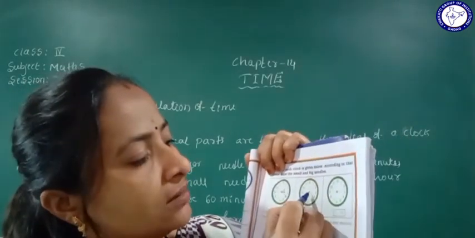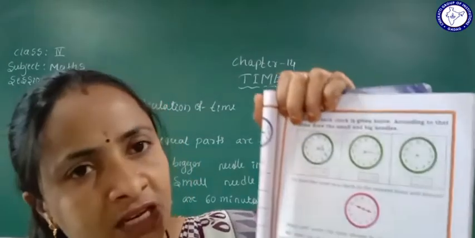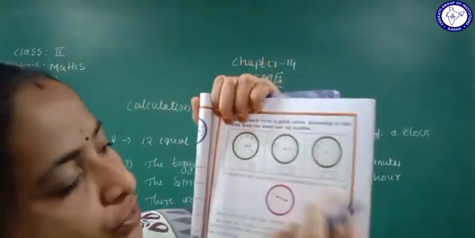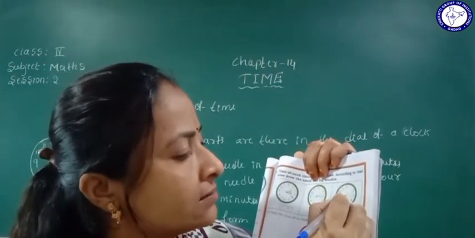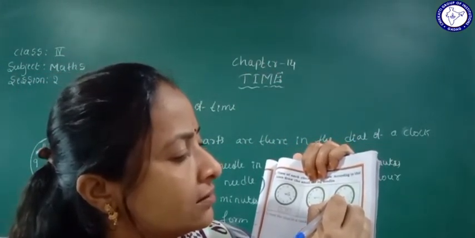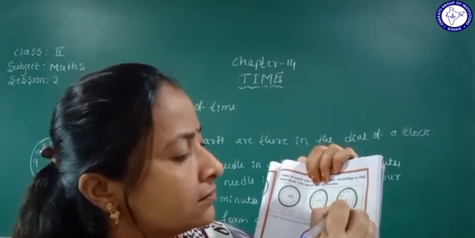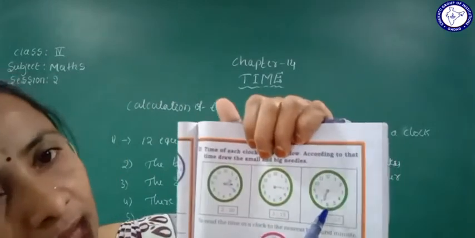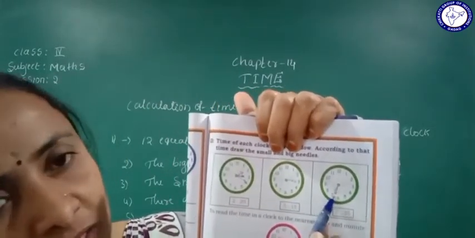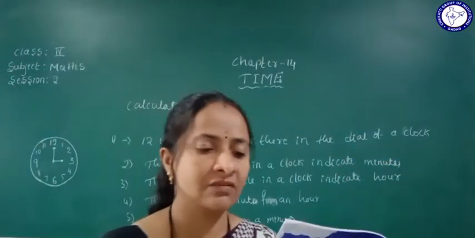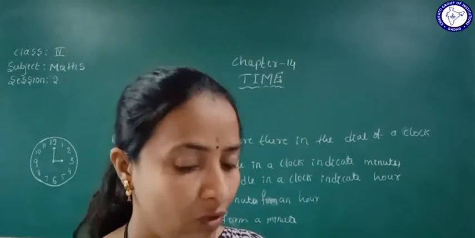Second one, 3:15, like this you can show. Next one, 7:35. You can show both needles near 7. Do that work.